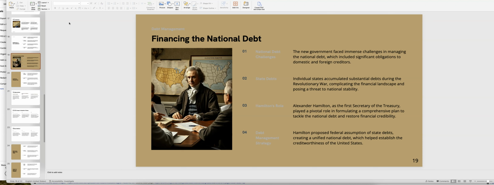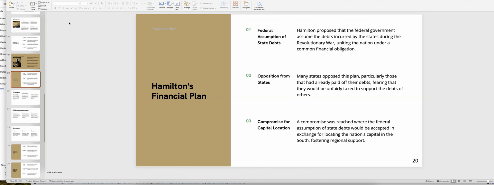But this is the person, Alexander Hamilton, who is responsible for starting to move us away from a mercantilist-based economy to a capitalist economy. And the only way you can have a capitalist economy is if you have credit ratings. And that's what Hamilton is going to push for us here. And that's what we see right here.